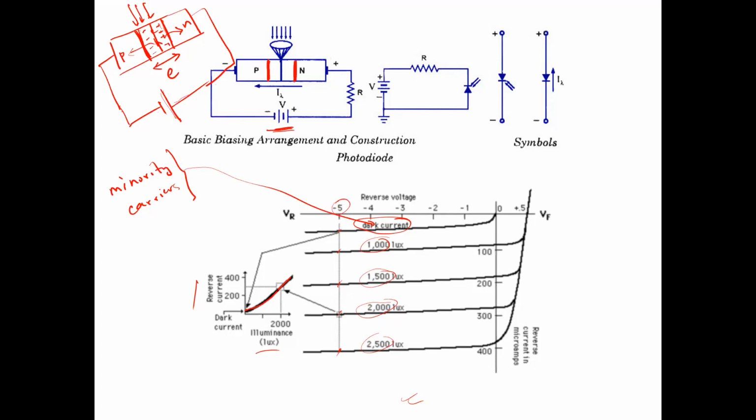Apart from that, the relationship is quite linear. So the illuminance of the light can be directly related, in proportion, to the change in current. Now, you know that in the reverse bias case, the current is almost giving a saturated value.